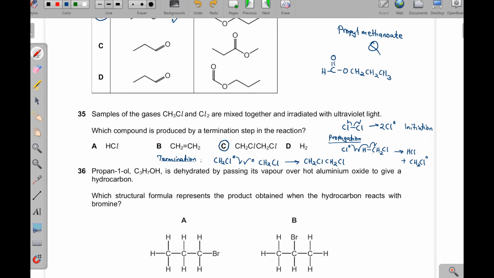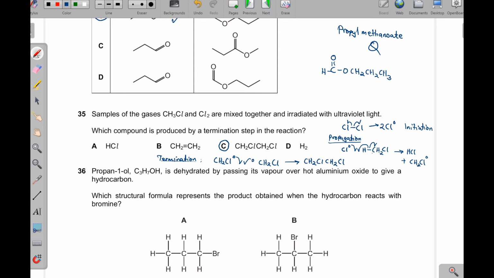We can see this one here. In here, we don't produce alkenes. There is a possibility of producing HCl, but it is produced in here in propagation, okay? But then we don't have where we are getting hydrogen as a radical, then plus the chlorine as a radical, then to get HCl.